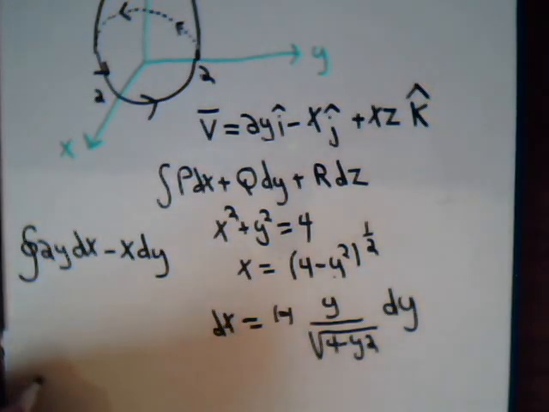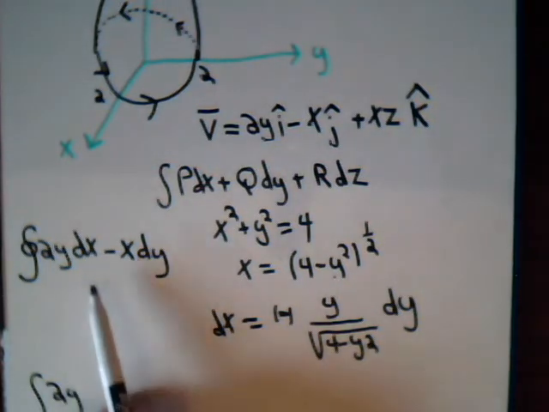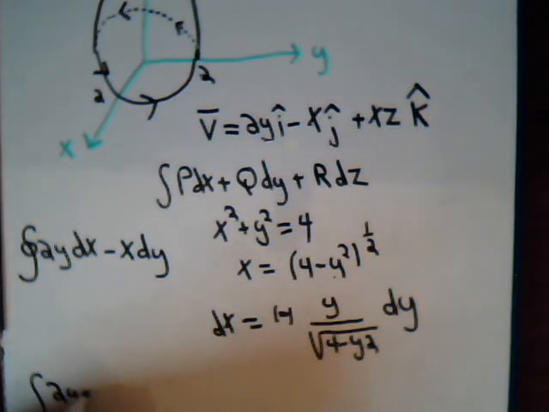So it's going to be the integral of 2 times y times dx, and dx is this, so we have minus y divided by the square root of 4 minus y squared dy.